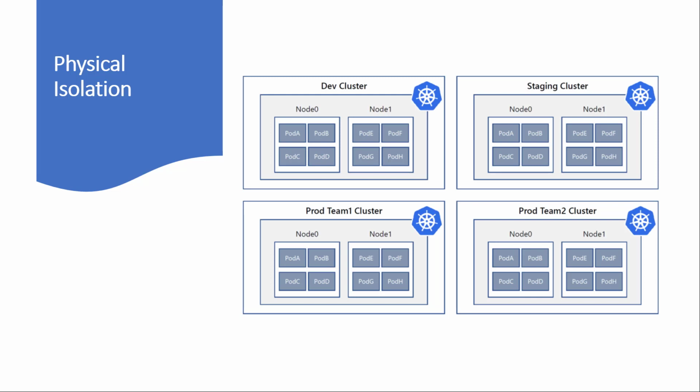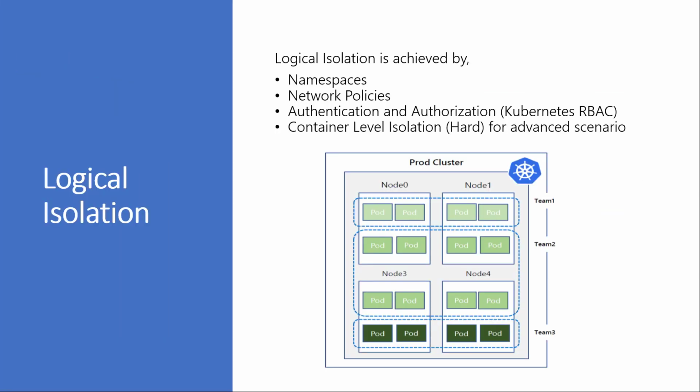That's straightforward. Let's move to the next topic, which is logical isolation. As you may already know, logical isolation is achieved through namespaces, network policies, and authentication and authorization, that is, Kubernetes RBAC. Please remember that you have Azure RBAC and Kubernetes RBAC, which we are going to discuss, and make sure that you understand both parts of it. You can also achieve container-level isolation, which is really hard, in advanced scenarios. This diagram clearly shows team 1, team 2, and team 3, each running in their own namespaces.